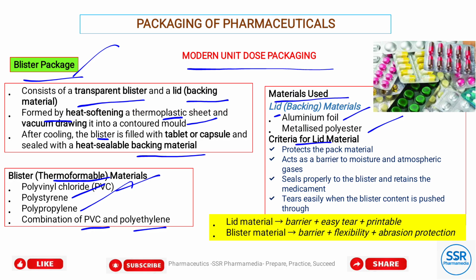Criteria for lid materials are to protect the packed material, act as a barrier to moisture and atmospheric gases, seal properly to blisters and retain the medicament, and tear easily when the blister content is pushed through. So lid material acts as a barrier, is easy to tear and printable. Blister materials provide barrier plus flexibility, and abrasion protection is also there.